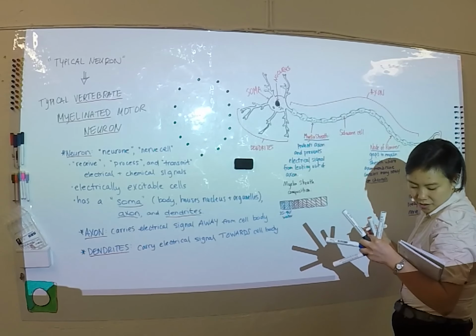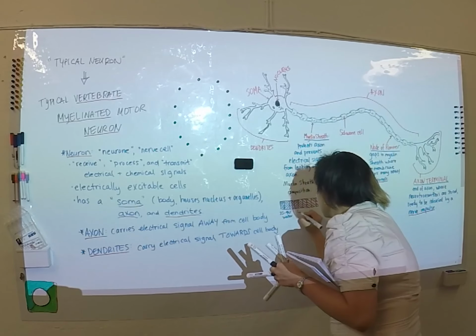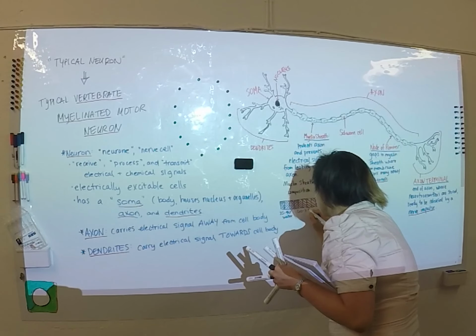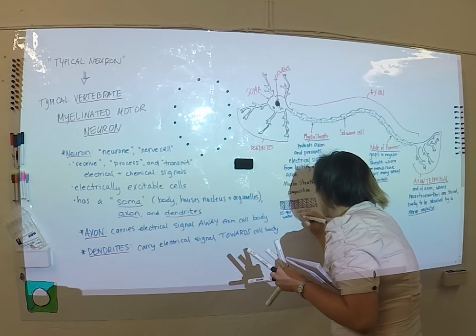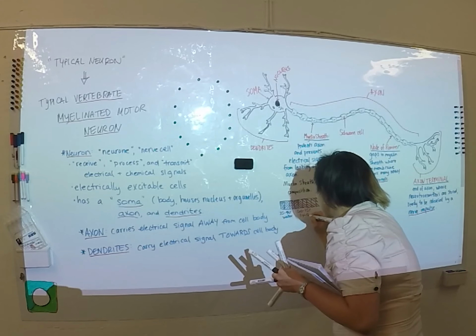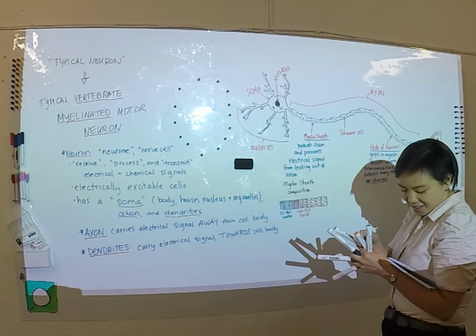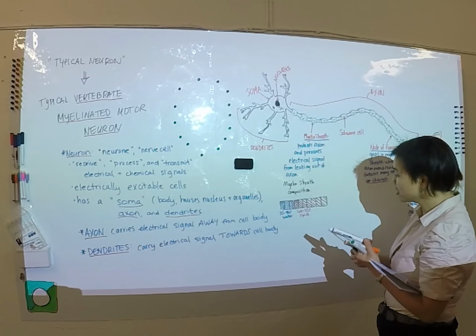Okay, so 60 to 75% lipids. All right, and then the last part is protein.